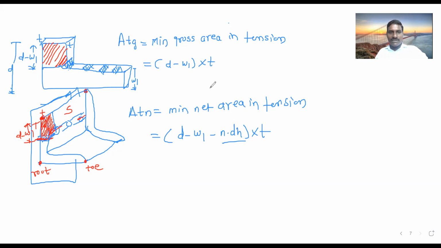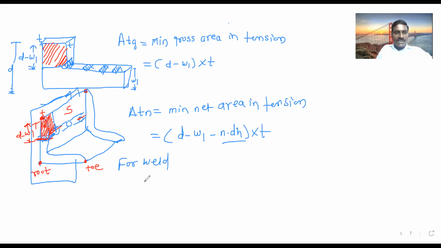So please write this down. Okay, if a welded connection is there, then how to calculate these formulas?